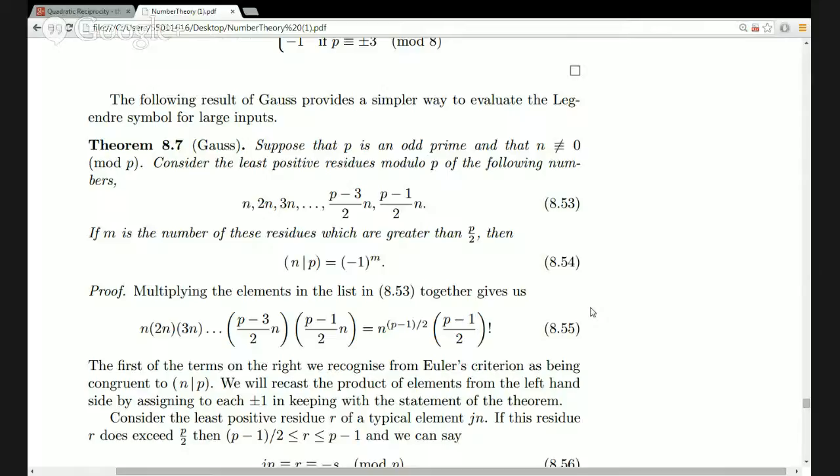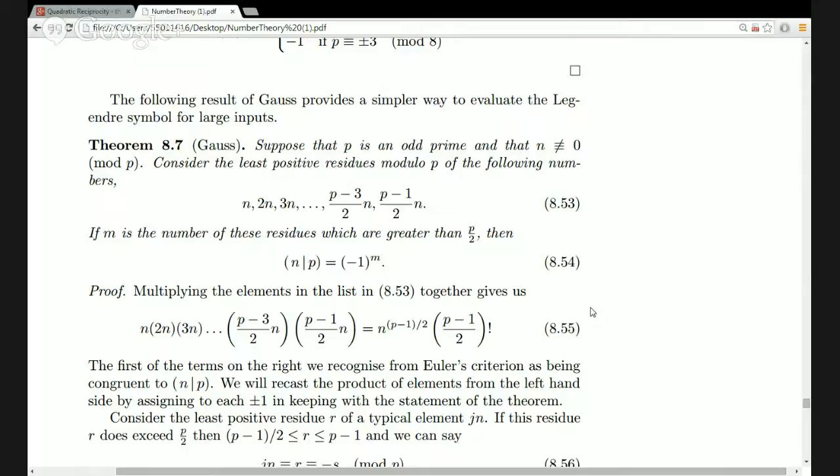When you're looking at residues modulo p of that number, what you're looking at is remainders that are left after dividing j times n by p. And you're looking at all these numbers as j goes from 1 to p minus 1 over 2.